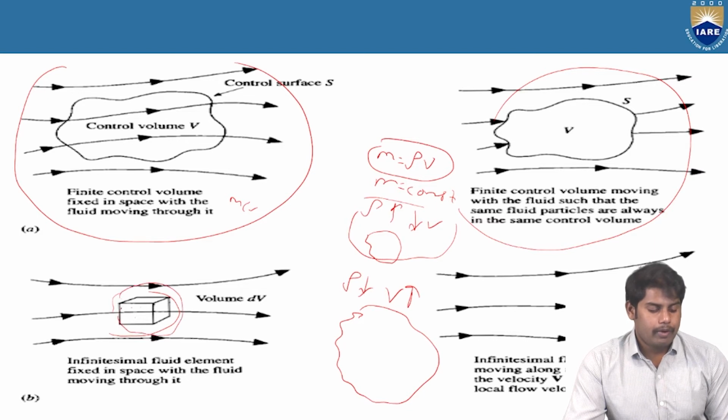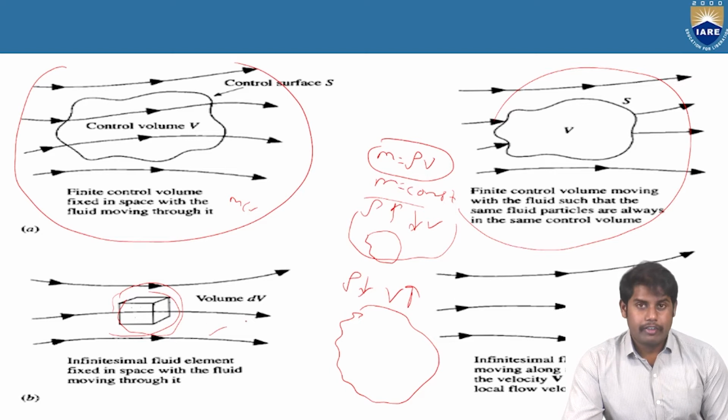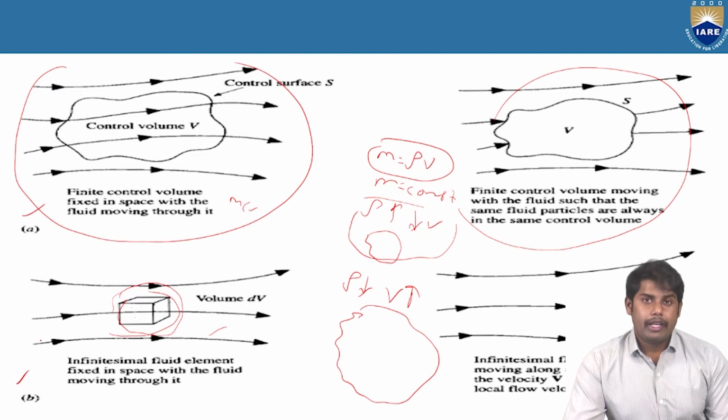When we derive for the particular fluid element, we derive the differential form of the governing equations, in conservative form and non-conservative form. If you compare A and B, A is the control volume approach, and B is the infinitesimal fluid element approach.